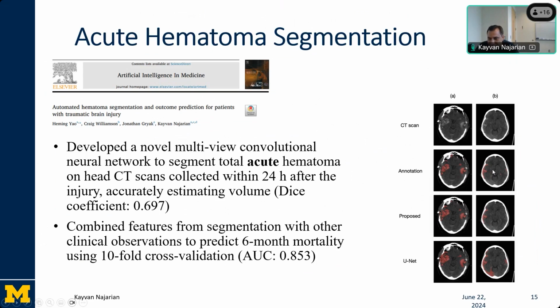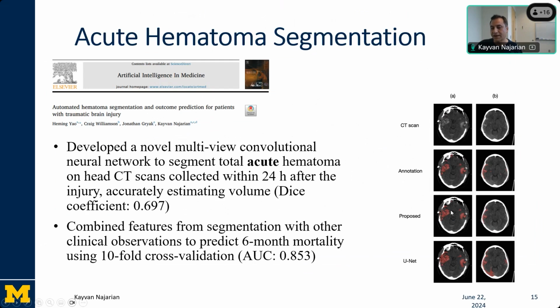So this is the original CT, and these are the annotations that clinicians have created for us. I have to thank all the clinicians, Dr. Williamson and others, who spent a ton of time going over a number of CTs and creating these annotations. This is the original CT, this is the annotation, and this is what the algorithm creates for us. You see that these are very similar to the ground truth annotations that clinicians have done.